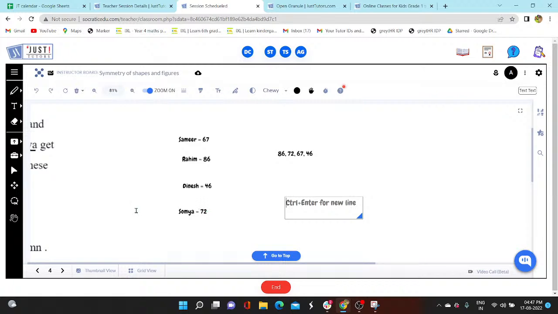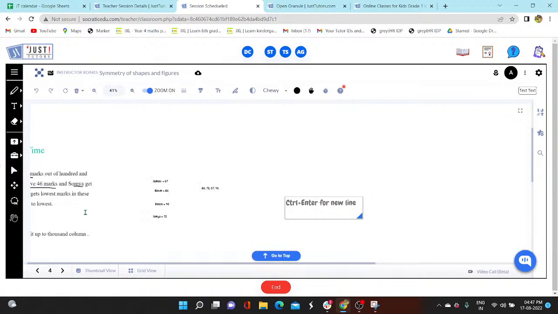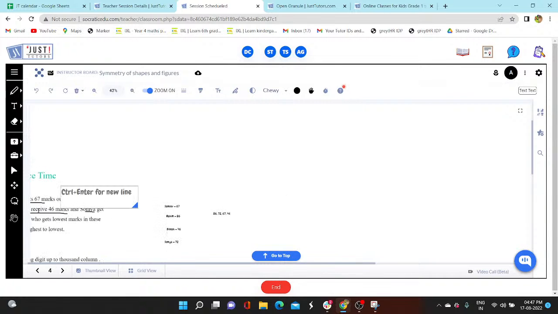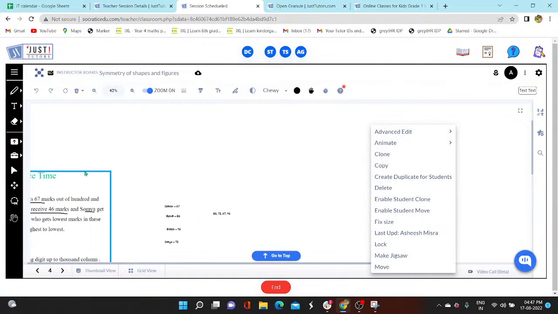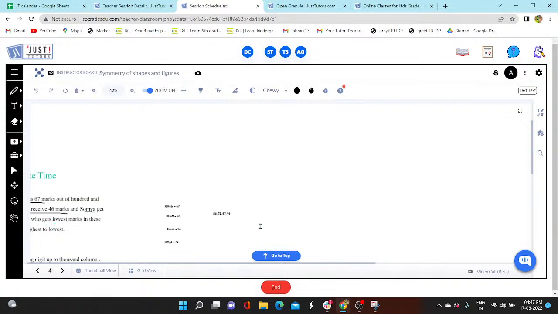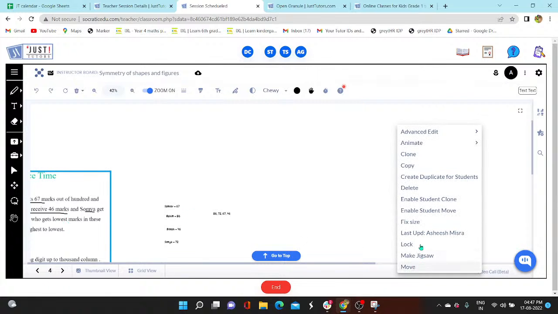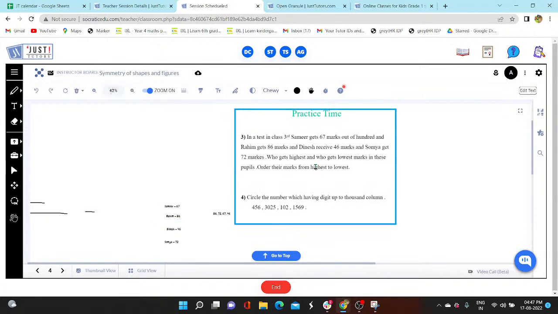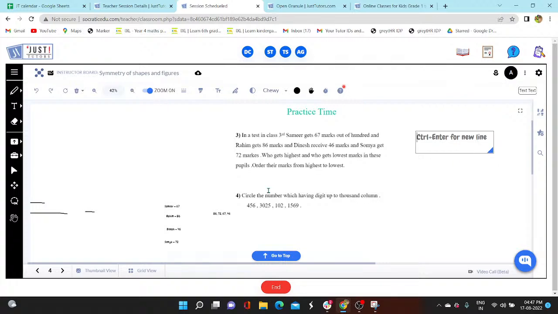Now the second question over here says circle the number which has a digit up to the 1000 column.